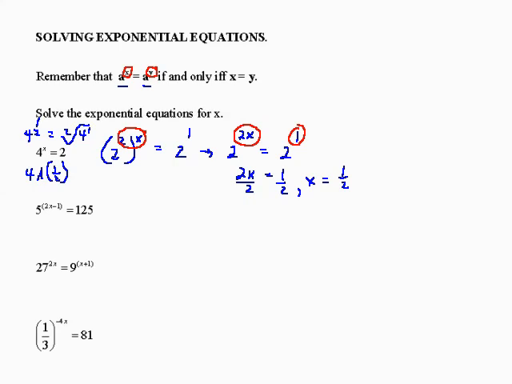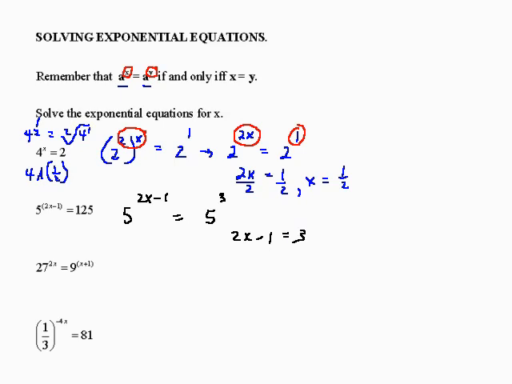Example 2, you know Young likes to give you lots of examples here. Guess what common base we're going to use on the second example? Well, we've got 5 here to the 2x minus 1 power. I think I can get 125 in terms of base 5, and it would be 5 cubed. So again, once you see that, you will just take those powers and set them equal.